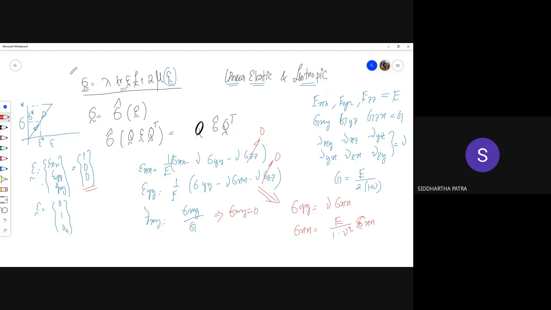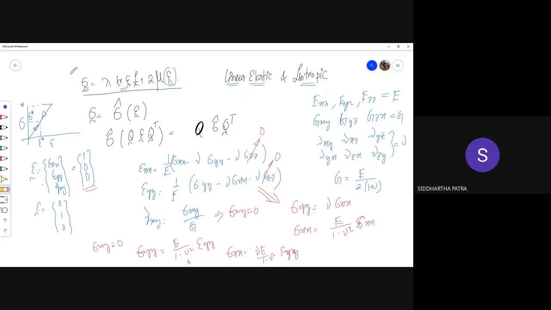In the second situation, sigma XY is still 0. Sigma YY this time is E by 1 minus nu squared epsilon YY, and sigma XX is nu E by 1 minus nu squared epsilon YY.